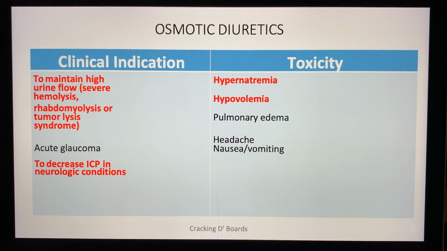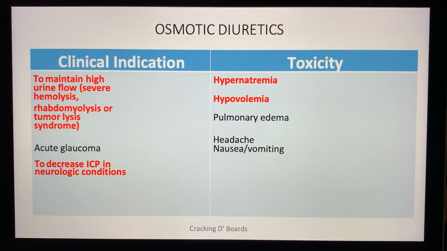Clinical indications for osmotic diuretics: to maintain high urine flow, especially in patients with severe hemolysis, rhabdomyolysis, or tumor lysis syndrome. Even though the book says acute glaucoma, again, memorize acetazolamide for the glaucoma.